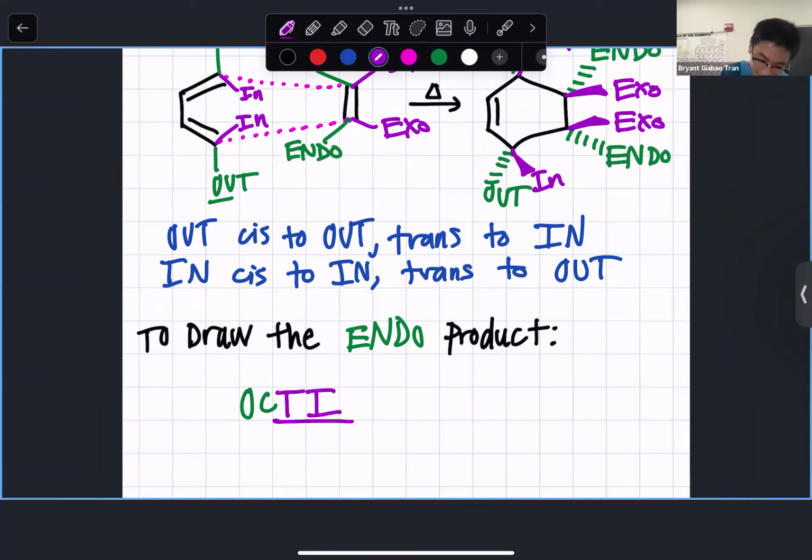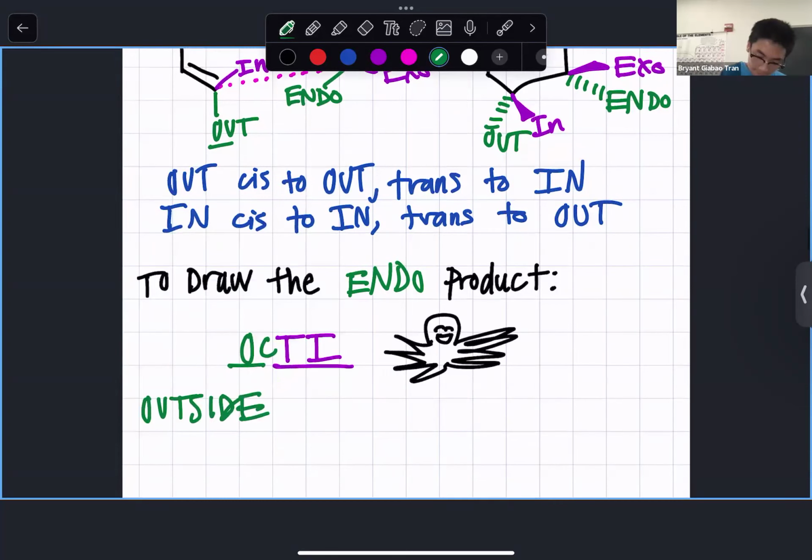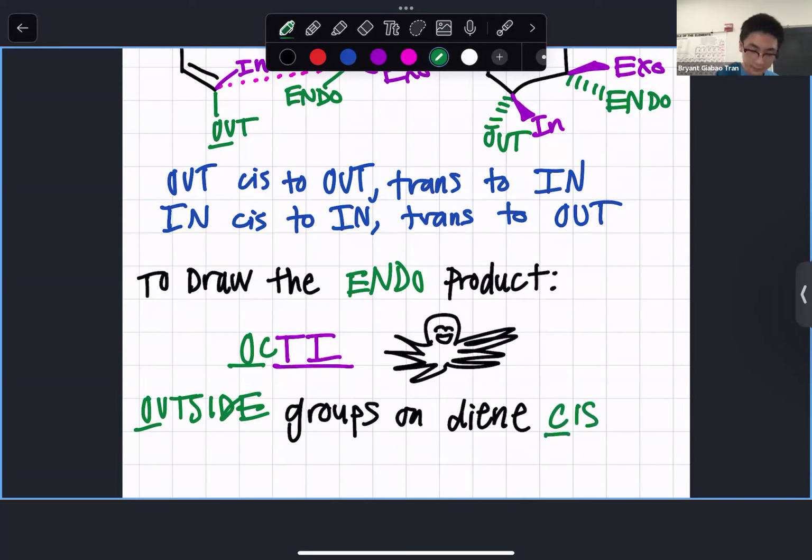It's like an octopus. Where the outside groups are going to be cis to the EWG, electron withdrawing group, of the dienophile. The outside groups on the diene are cis, on the same side, to the EWG on the dienophile.